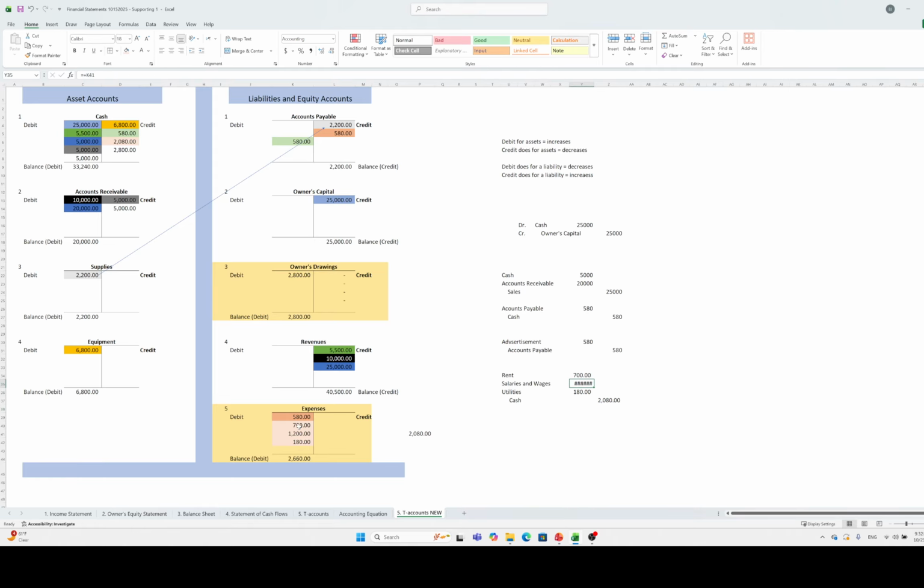So the sum of the debit accounts equals the credit, which is cash. So that means cash is decreased and expenses are increased. When expenses are increased, that means the profit is decreased. That means the equity is decreased. All right.